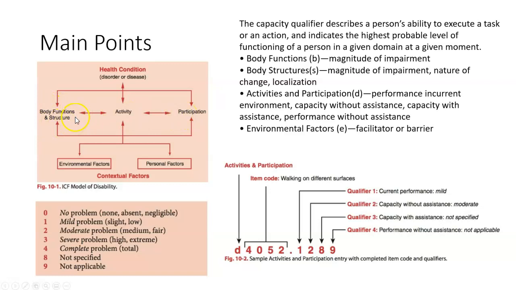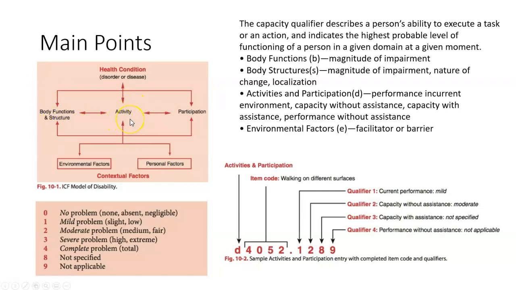And if you remember, body function and structure is the specific changes associated with the body. So if it was a tear of a ligament or an inability of an organ to do its job, that would affect the body function or structure.